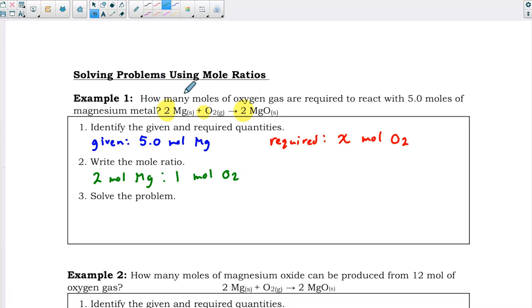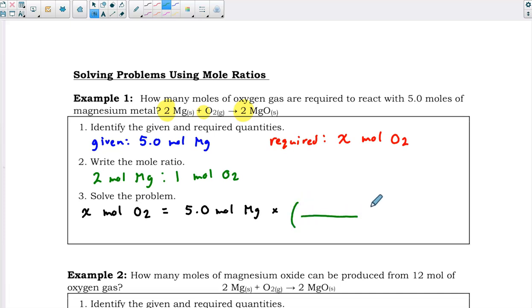To solve this problem, we start off with the required information. We are interested in finding out how many moles of oxygen we need. We know we have 5 moles of magnesium, and we multiply this by our mole ratio.